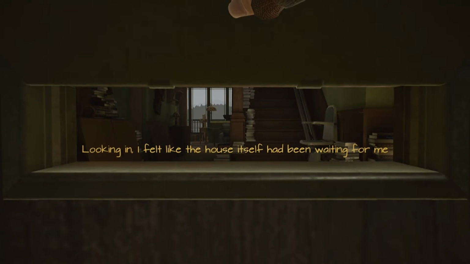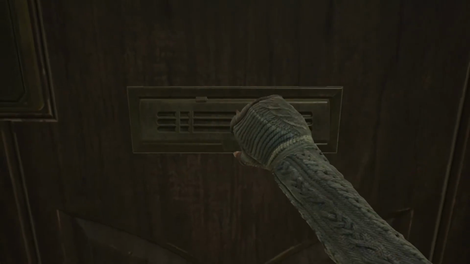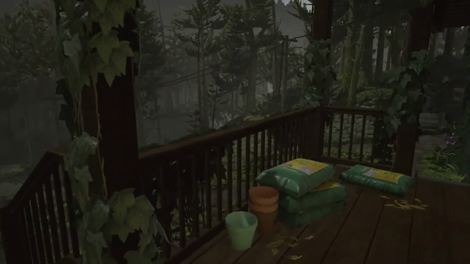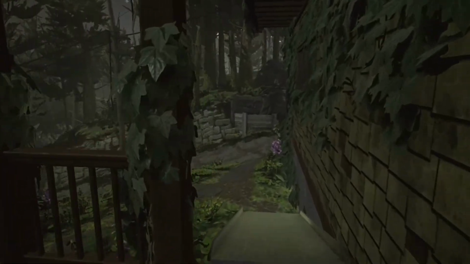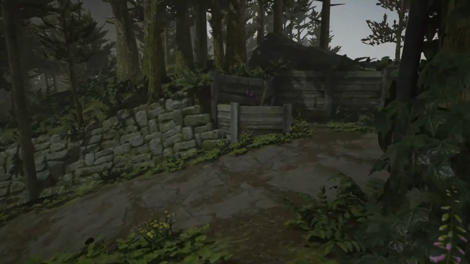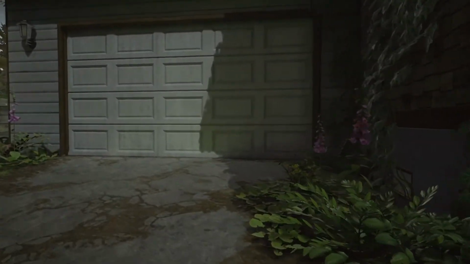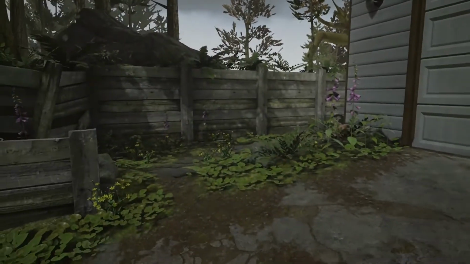Okay, there's a use of a literary device. Wonder if you know what that was. The house had been waiting for me. Okay, we are going to head this way. Of course, she gives us a key and it isn't to the front door, which in and of itself adds some level of suspense. Like, why wouldn't she give you the front door key?